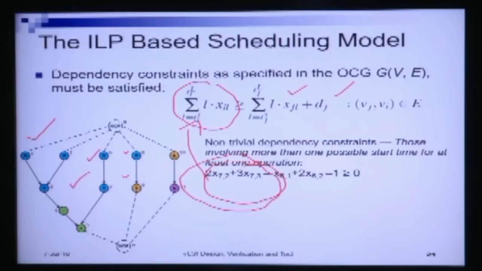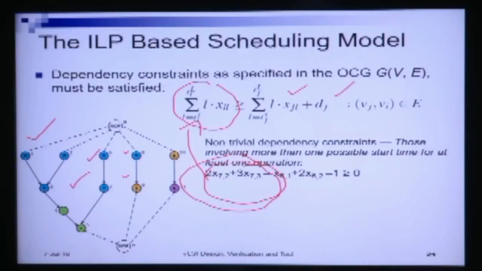So, summation of l into xil. Here we are saying that the 7th operation, i equals 7, and time steps are 2 and 3, l equals 2 and 3. So, we know that the 7th operation can start either in the 3rd time step or in the 2nd time step. If it starts in the 2nd time step, its time is given by 2 into x72.